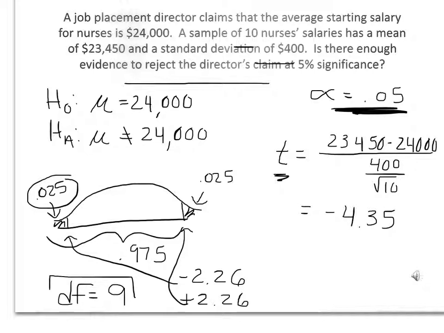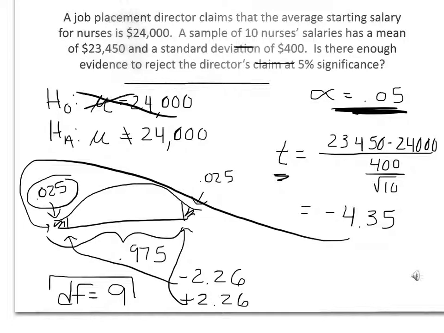Well, negative 4.35 is all the way down here in the rejection region. Which means in this situation, given this data, we're going to reject the null hypothesis.